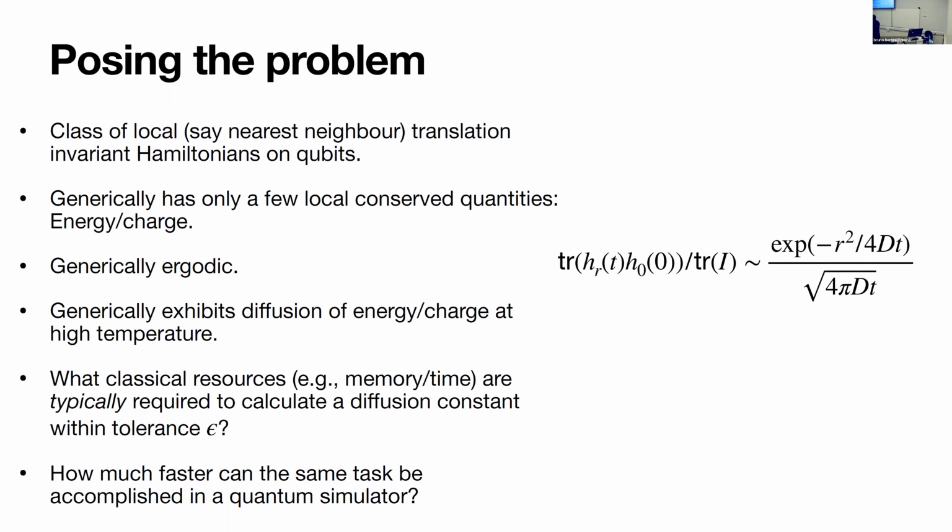So let me pose that problem a little more formally. The problems we're interested in are Hamiltonians describing particles or spins, and we're interested in modeling, let's say, translation invariant Hamiltonians.